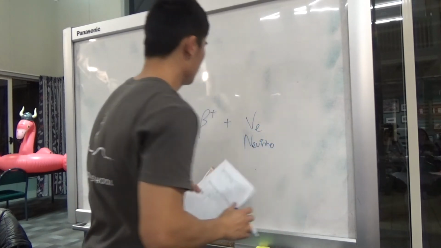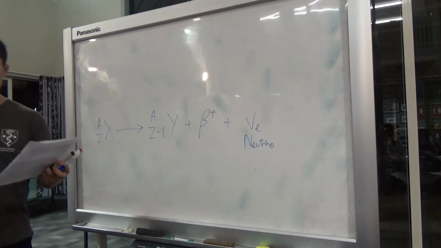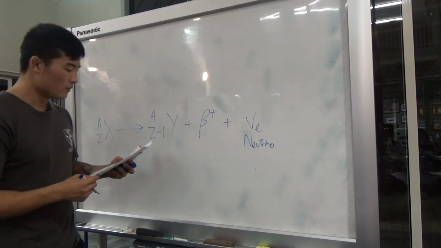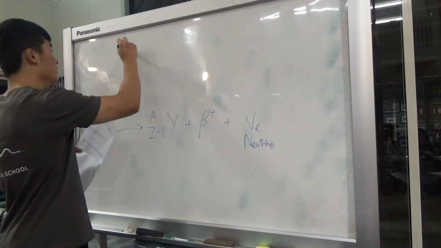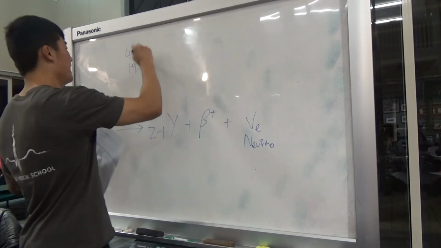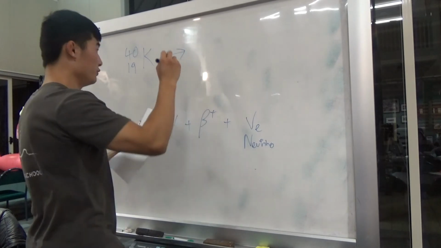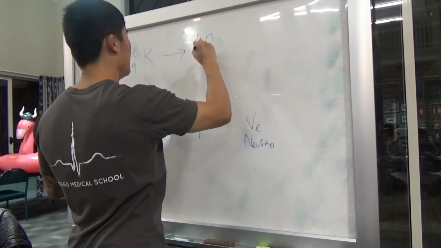All right, so on my cheat sheet I have this written down. So it's going to go from 40, 19K into 40, 18.